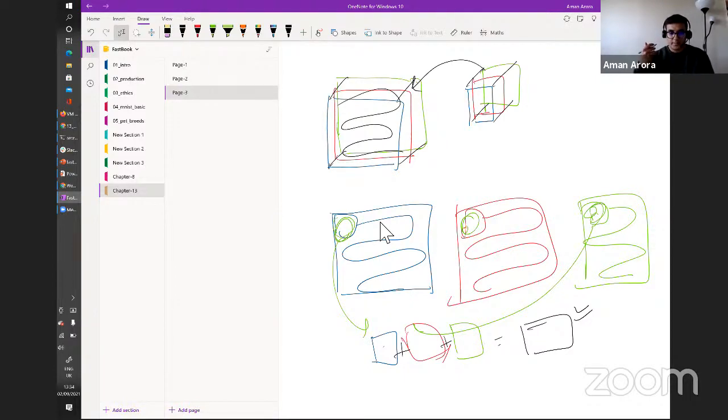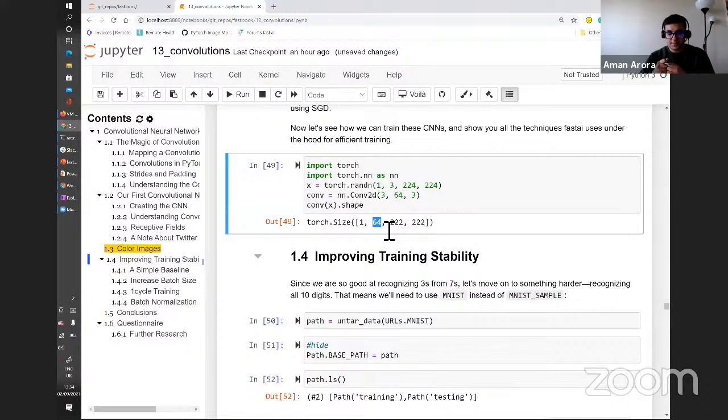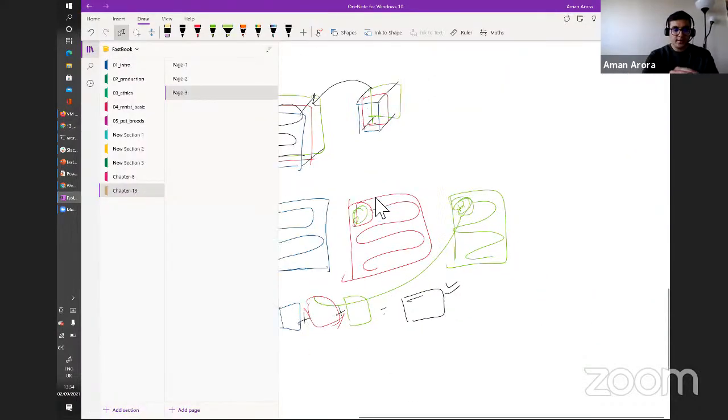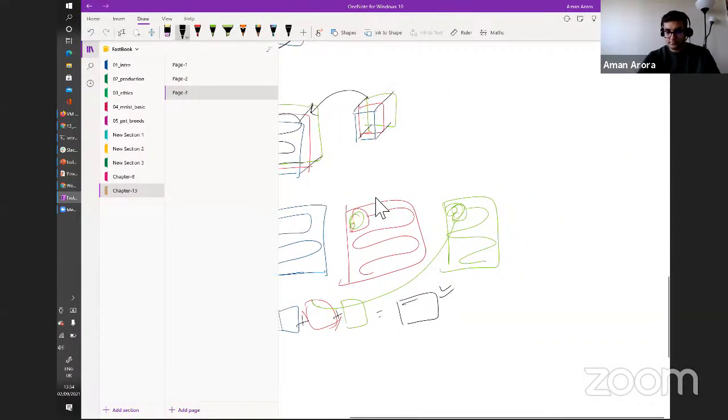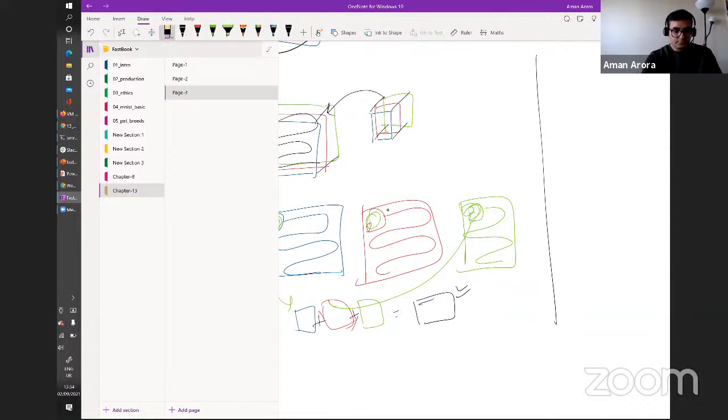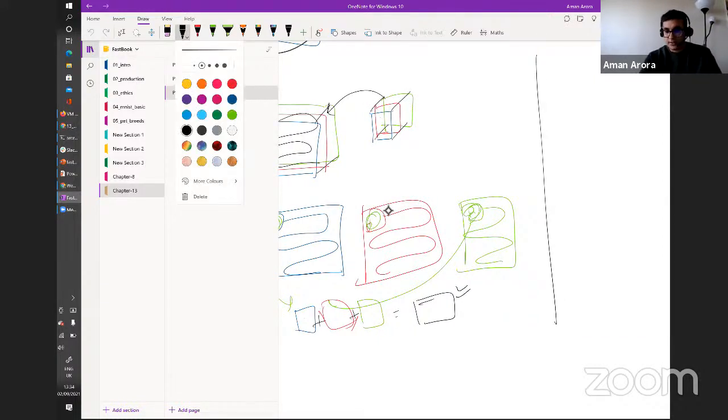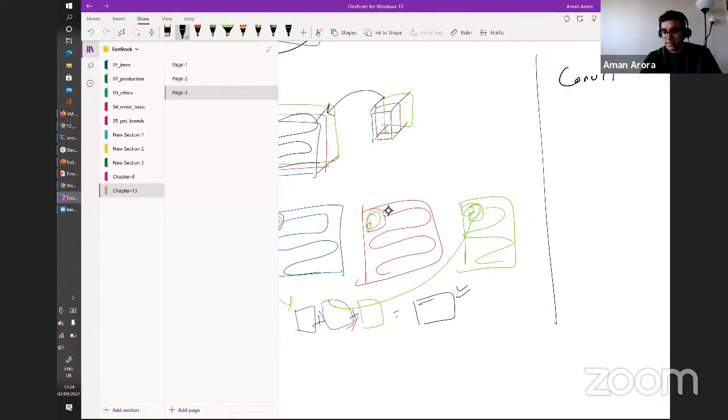One of the key differences over here is, even though it's called convolution 2D, you'll find conv 1D, conv 2D, conv 3D, and so on. But right now, we're looking at this 2D conv.